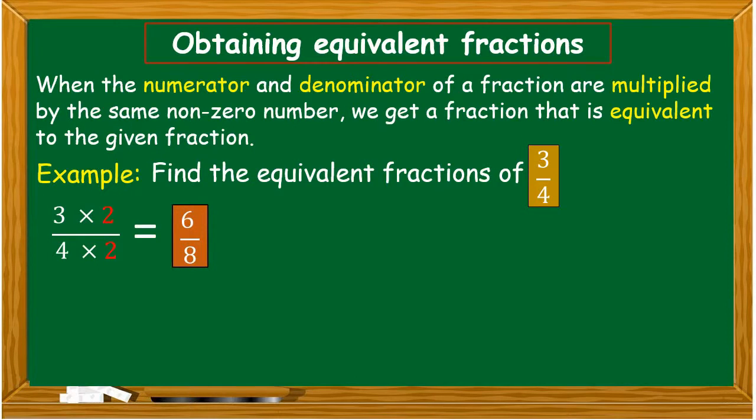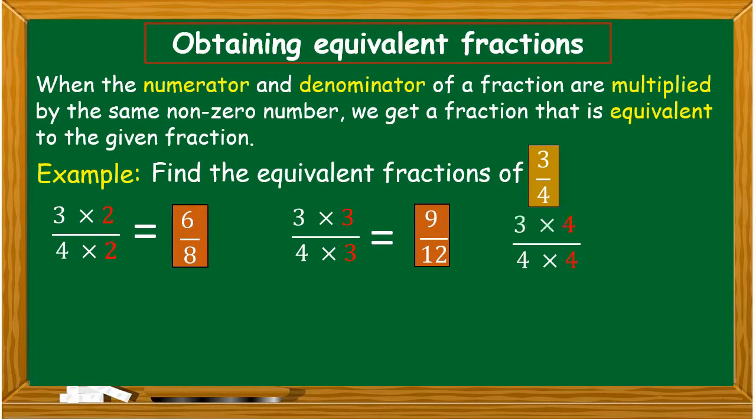Now, on multiplying the given fraction 3 upon 4 by 3, we get 3 into 3 upon 4 into 3, which is equal to 9 upon 12. Now next, we multiply 3 upon 4 by 4.